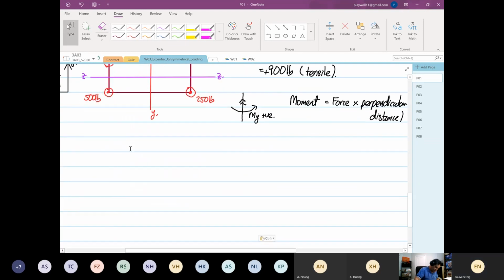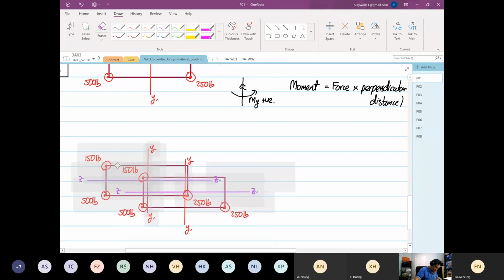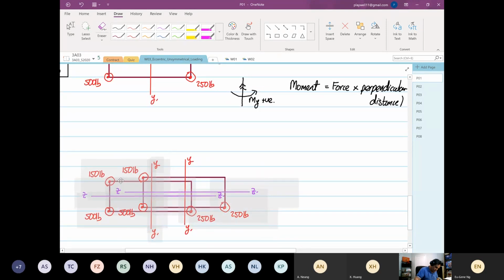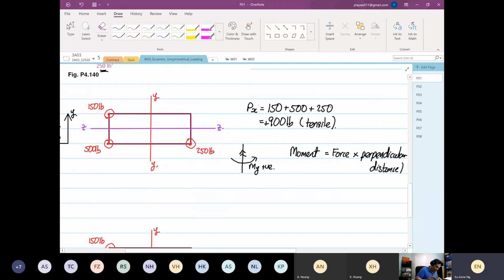It's force multiplied by perpendicular distance. The critical thing is, what is this perpendicular distance? Everything is measured from the y-axis. So this is the distance that we should be considering. I have to use a different color. It's important to know what distance you're going to use. So we know this distance, they're all at 2 inches.